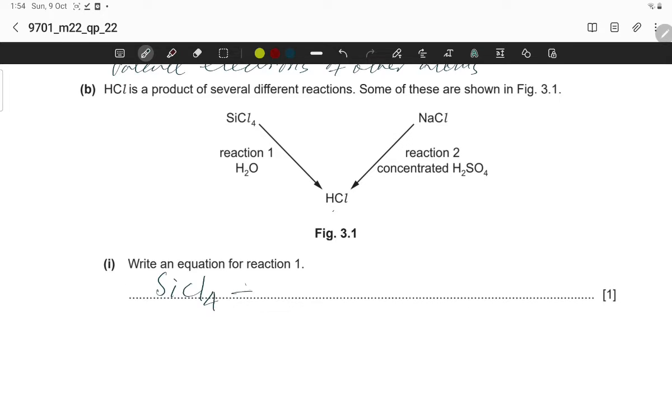SiCl4 reacts with water to form silica plus HCl. So SiCl4 gives 4HCl, and for SiO2 we place 2 over here.